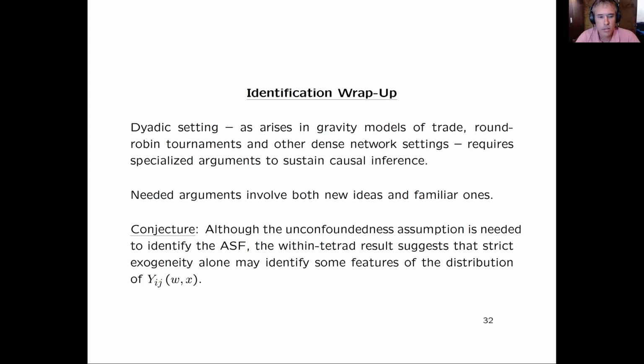And so it may be that certain features of the distribution of the potential response function or the average structural function are identified just with the strict exogeneity assumption, and then the addition of the conditional independence assumption may identify more structure. So that's something one can go home and think about if they're interested.